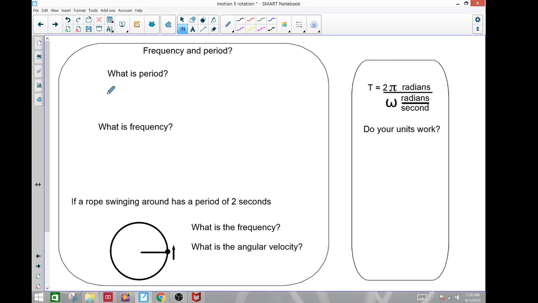All right, so frequency and period. What is period? Period is, if you have a circle, let's say that penny or that bug on a wheel, the time for one revolution.